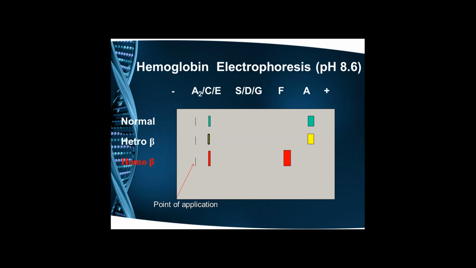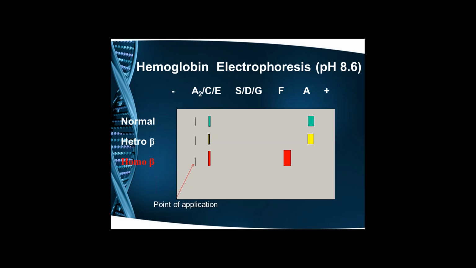Further ahead is hemoglobin F, then the normal hemoglobin A. All the hemoglobins which travel further than HbA are known as fast moving hemoglobins, and the most common one seen in India is, for example, J Meerut. Most of them are alpha variants and they travel very fast.